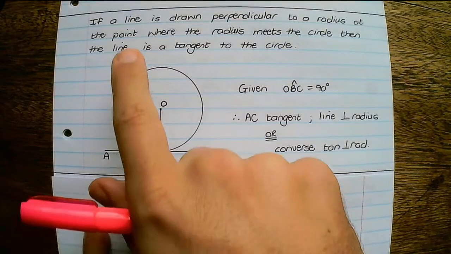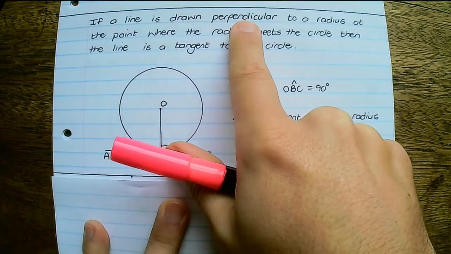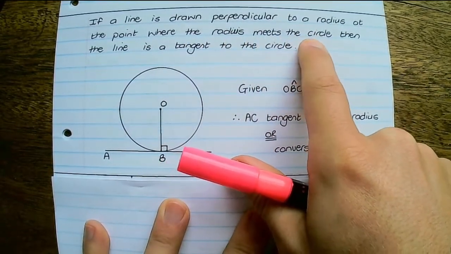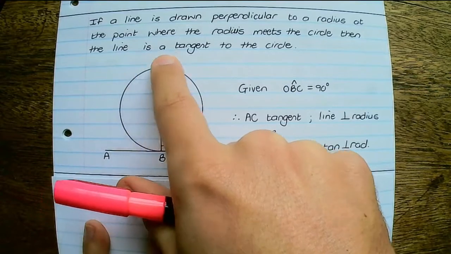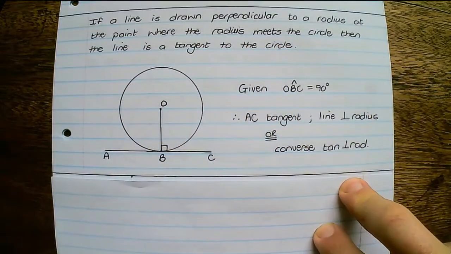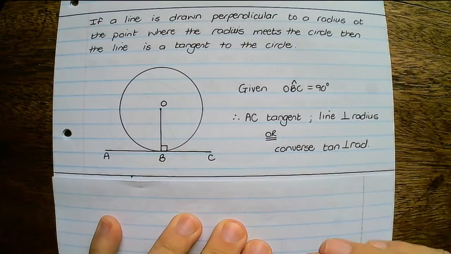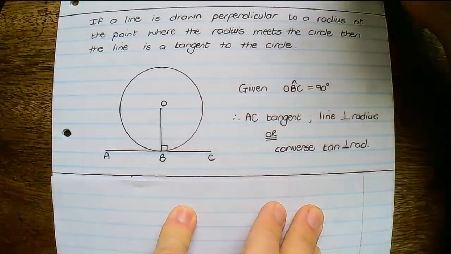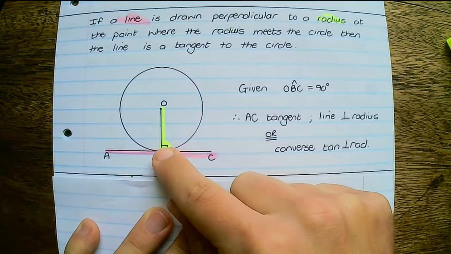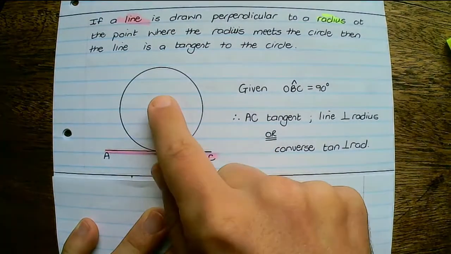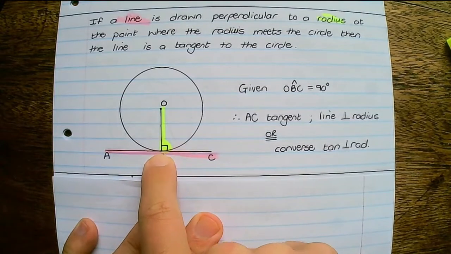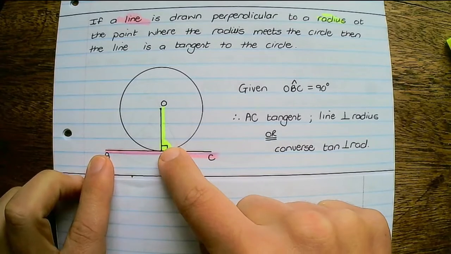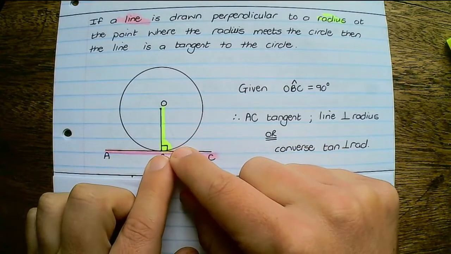Next up, if a line is drawn perpendicular to a radius at the point where the radius meets the circle, then the line is a tangent to the circle. So this is the alternative to what we have just seen. What it is saying is, if a line is drawn perpendicular to a radius up until the point where the radius meets the circumference of the circle, then this line is a tangent if it meets the radius at 90 degrees.